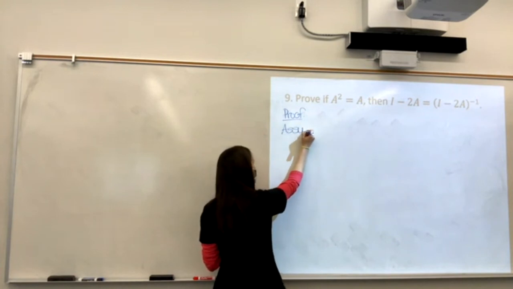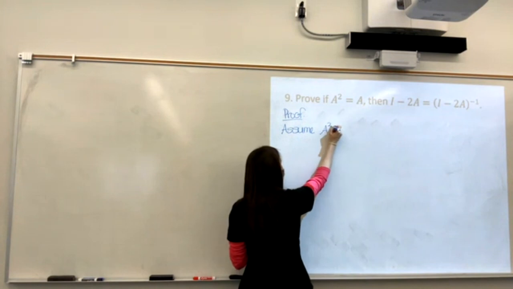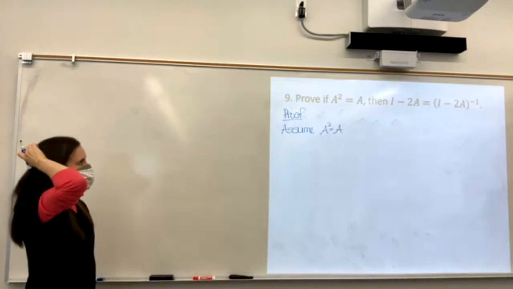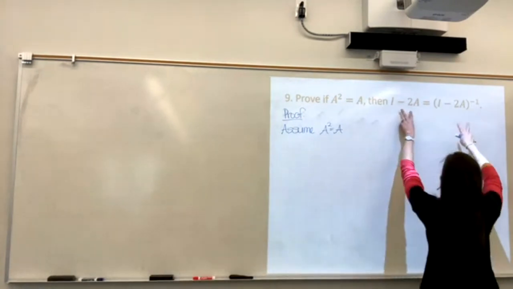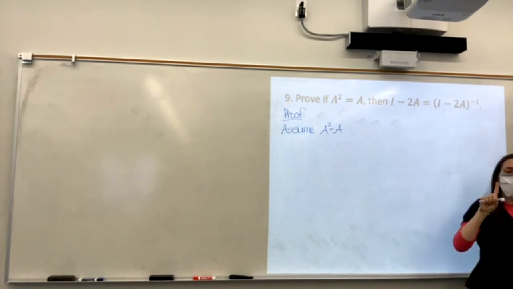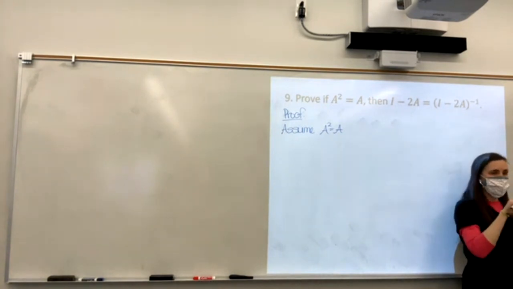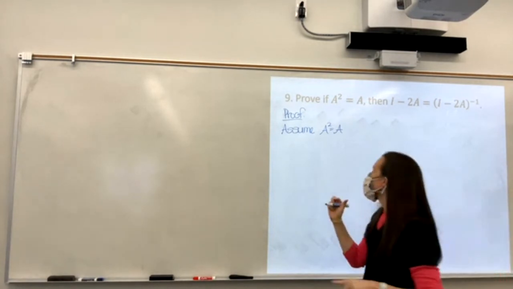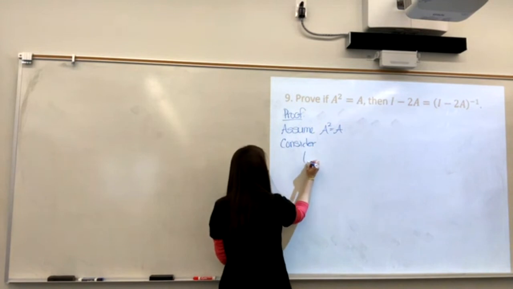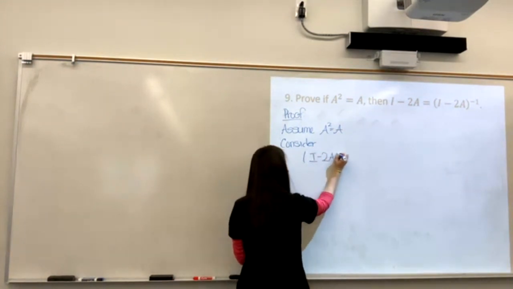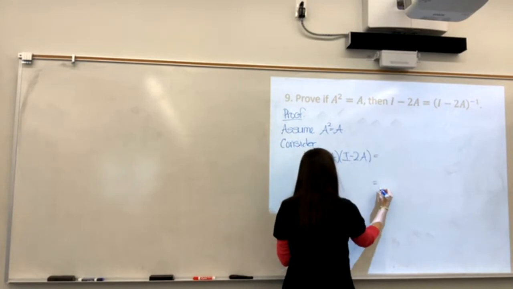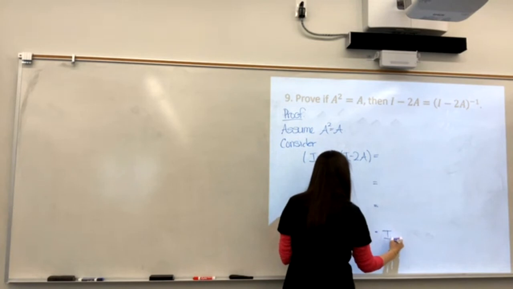And let's write down our assumption, which is that A squared equals A. If I want to show that this matrix is its own inverse, what that means is that when I multiply them together, I have to get the identity. So consider, I want to show that if I multiply I minus 2A times itself, I end up with the identity.